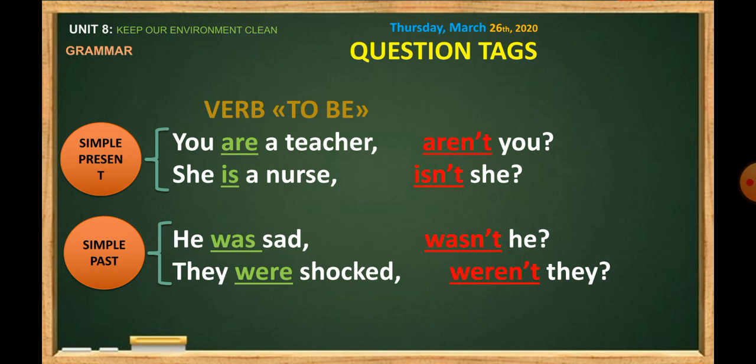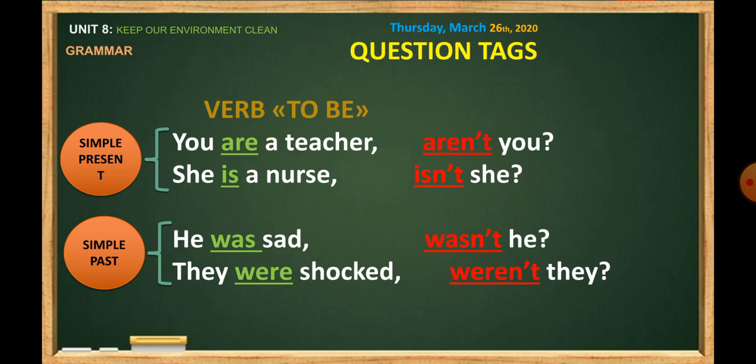And for singular, for she for example, or he or it, you use the same verb, but here it should be negative because here it's positive. She is a nurse, isn't she? Good. This is concerning simple present. For the simple past it's the same thing, it's just the verb which changes.